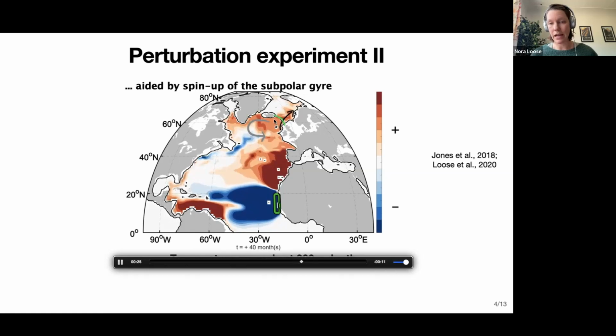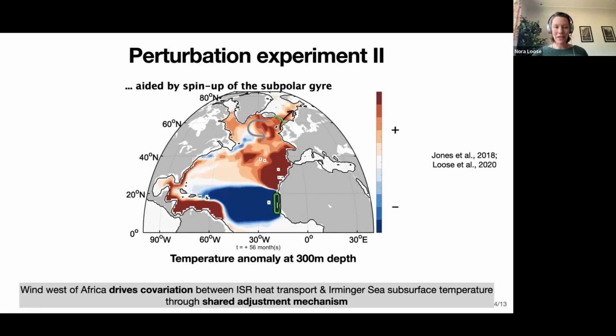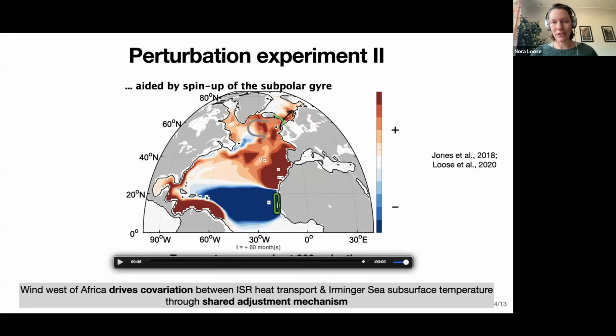And this high latitude warming is explained by the spin up of the subpolar gyre. So to summarize, wind west of Africa drives a covariation between Iceland-Scotland Ridge heat transport and Irminger Sea subsurface temperature, again, through a shared adjustment mechanism.